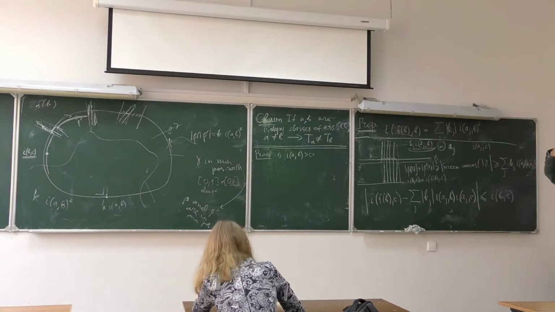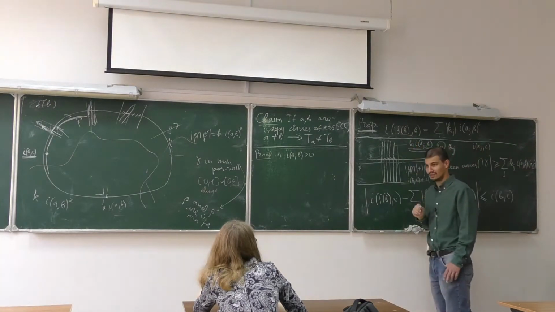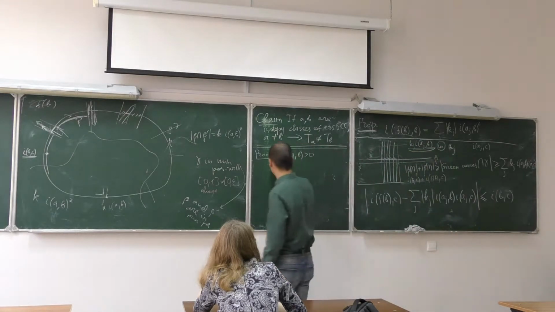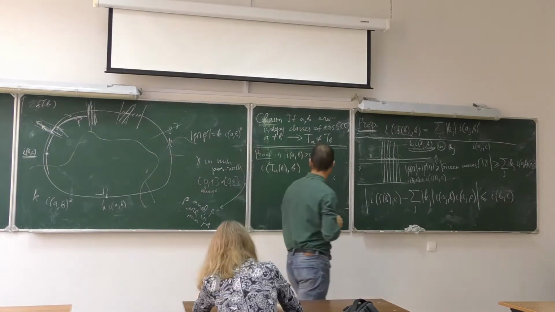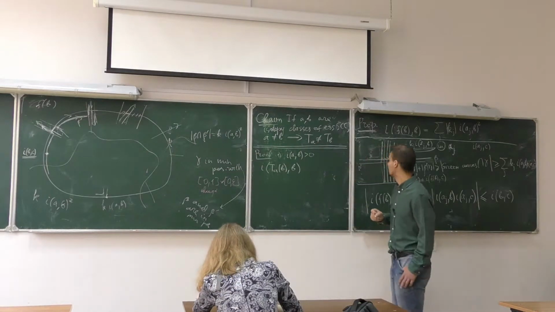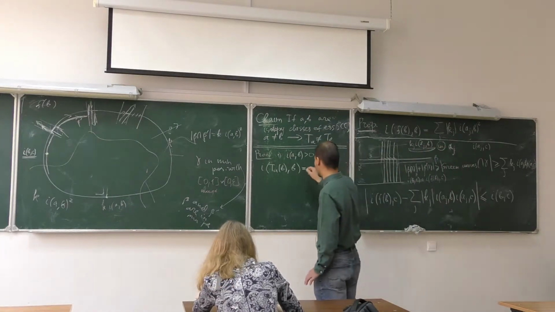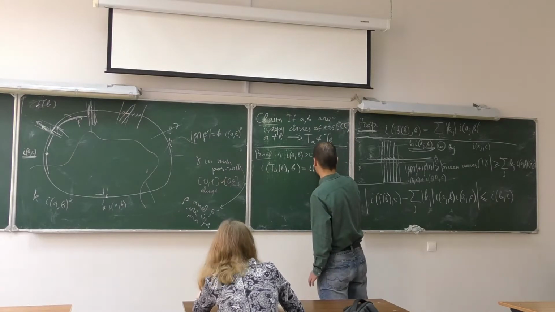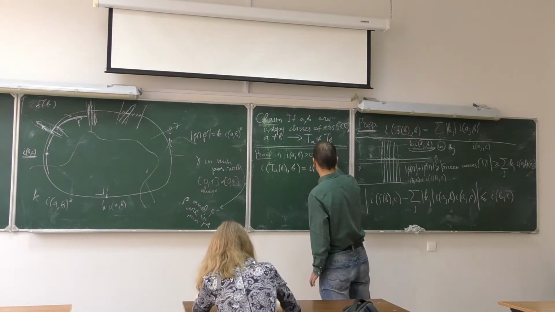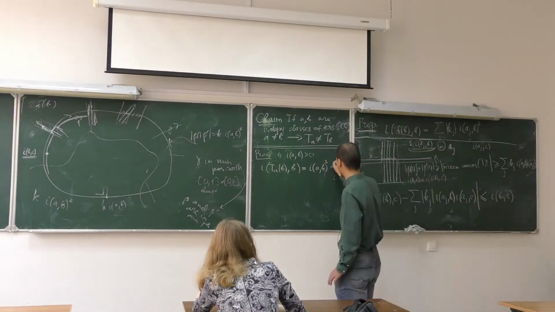Then we may apply just the Dehn twist TA to B and take the intersection index with B. Our formula says that in this case we just get I of A, B squared, and this is not zero.